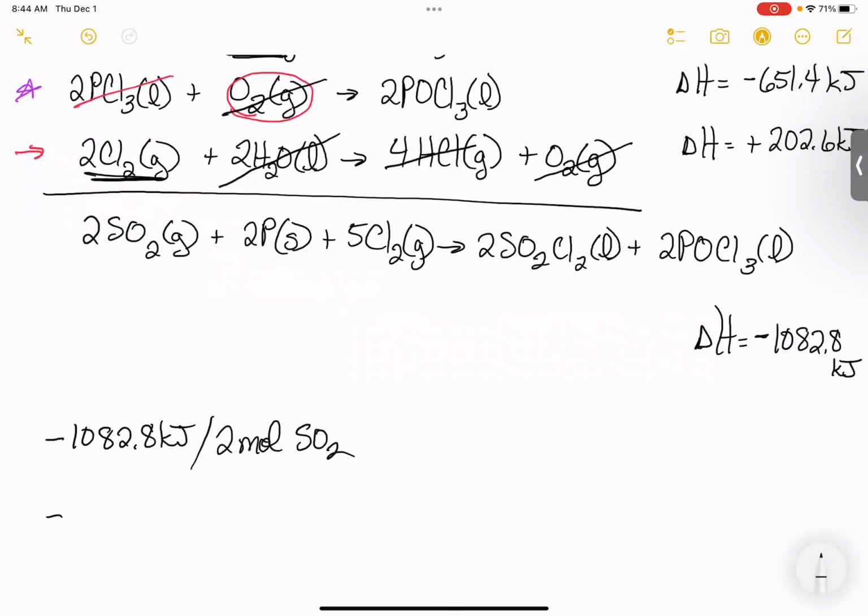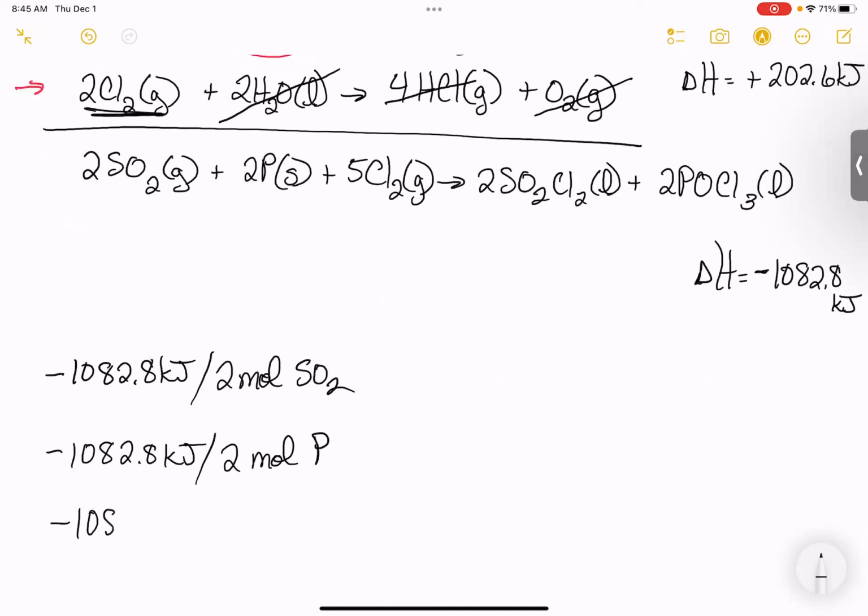There is negative 1082.8 kilojoules per 2 moles of P, or there is negative 1082.8 kilojoules per 5 moles of Cl2, and I can continue. With Hess's law, you don't need to write the kilojoules per mole, because it is dependent upon how many moles of substance there are. And usually if you just say per mole, that means per 1 mole. And that doesn't quite fit here.